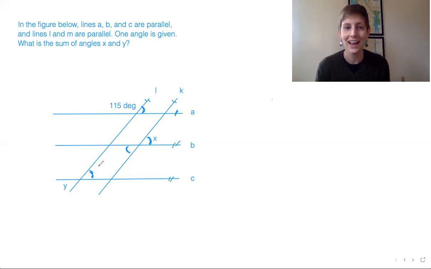So let's start at the beginning with this supplementary angle here. If we know we're trying to find this angle, we want to subtract from 180 degrees. 180 minus 115 is 65. These angles here are similar.